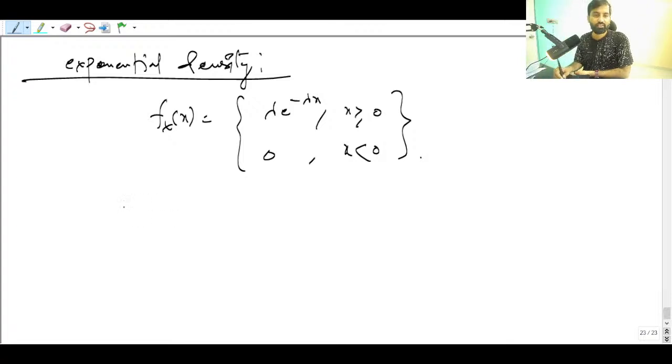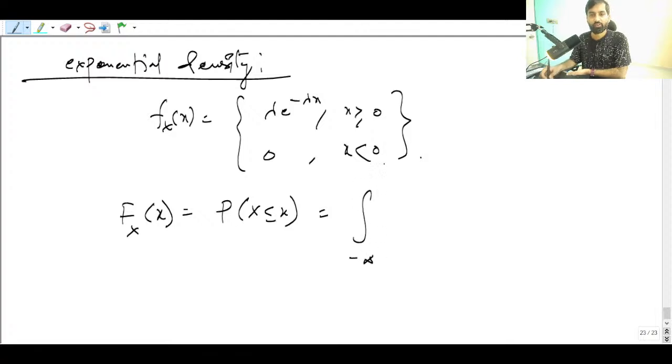So suppose they are asking what is the CDF. CDF is nothing but the probability x less than small x. So if you want to integrate this from minus infinity to x, I'm just applying the definition. The lower limit is going to be 0 only.